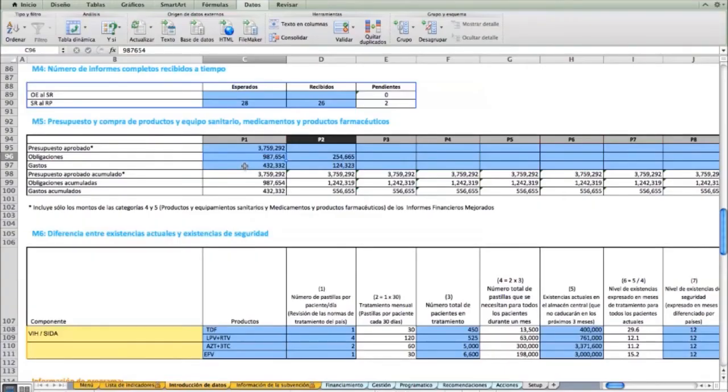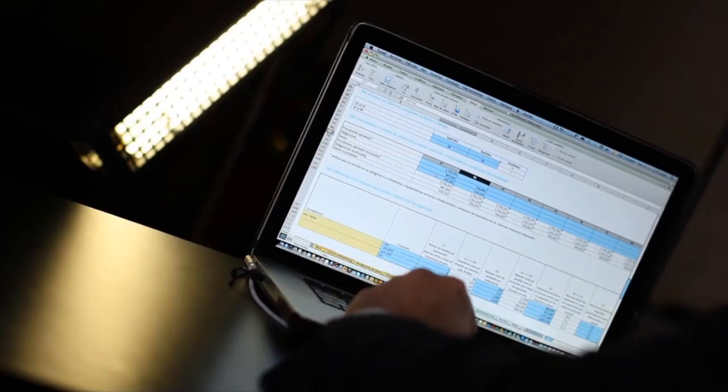The third line refers to what the principal recipient has already spent in purchasing drugs, equipment, or medical products. This is entered by period, the approved budget as well as the costs.